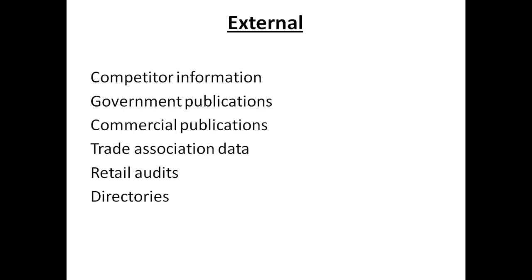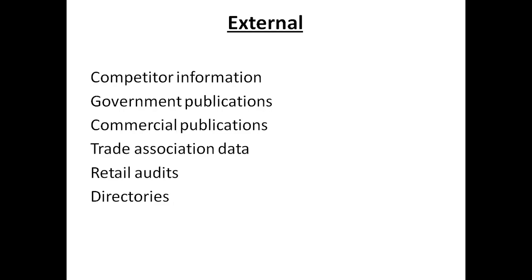Commercial publications. Some private organizations, freelancers, and consultancies also publish commercial information about the trade and commerce of a country. There also you will get a lot of information about the industries.